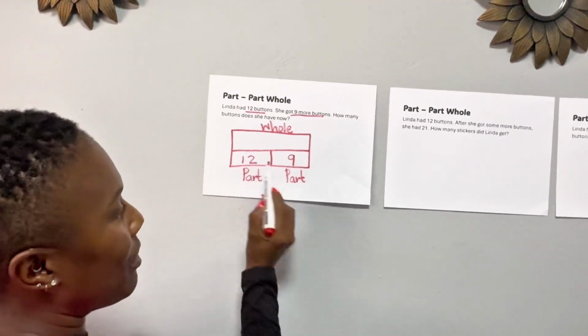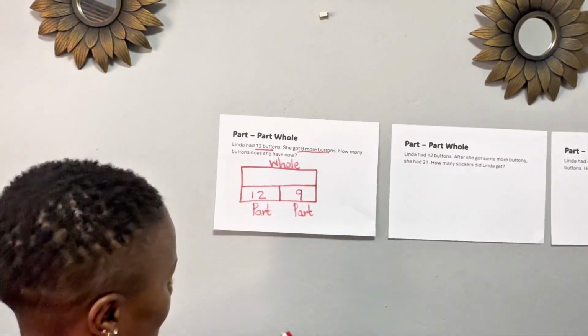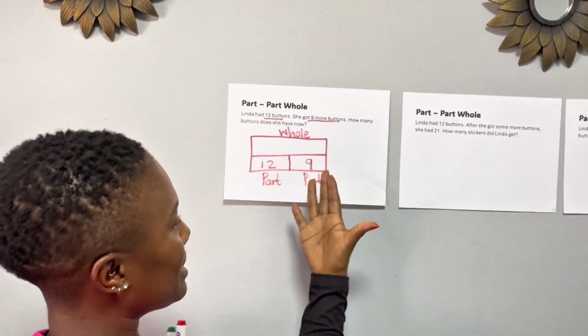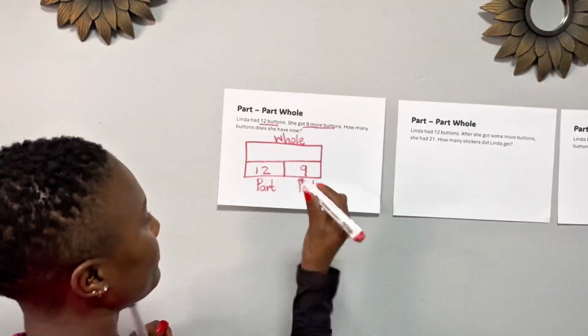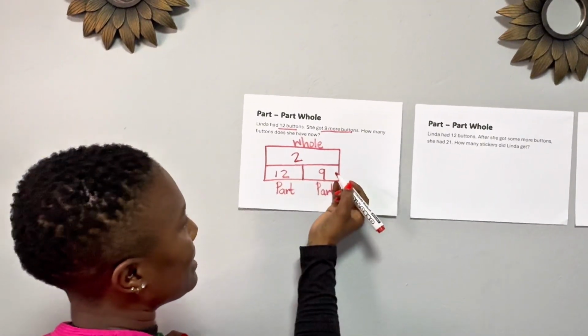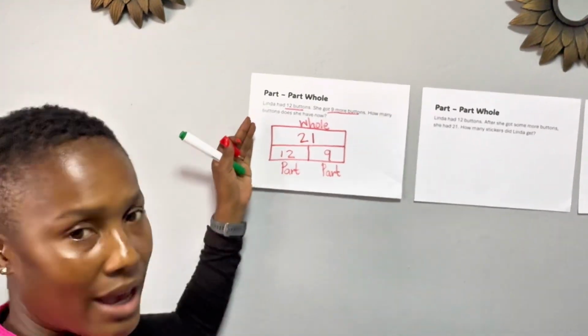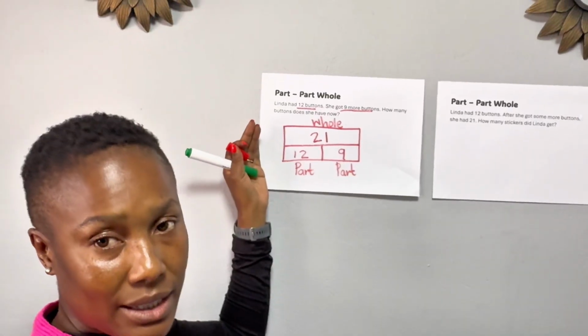12 plus this 9 gives us what? It's 13, 14, 15, 16, 17, 18, 19, 20, 21. Our whole is 21. So this is a part whole pictorial representation.